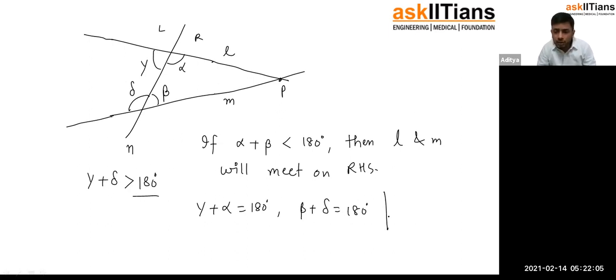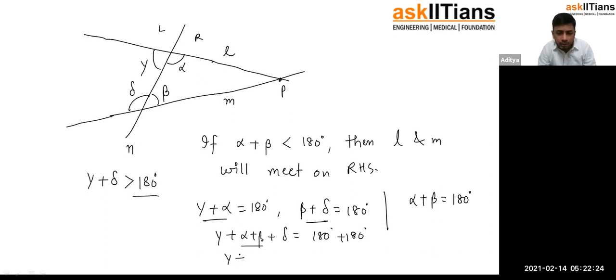So now if we are assuming that alpha plus beta is 180 degrees, then let us add these two equations. We will get gamma plus alpha plus beta plus delta is equal to 180 degrees plus 180 degrees. So alpha plus beta is already 180 degrees. So gamma plus delta plus 180 degrees gives us 180 plus 180.